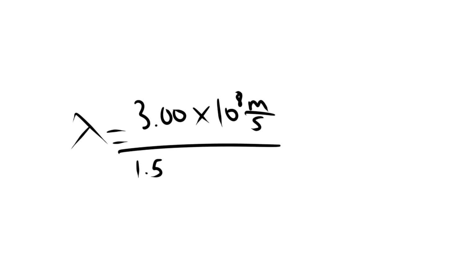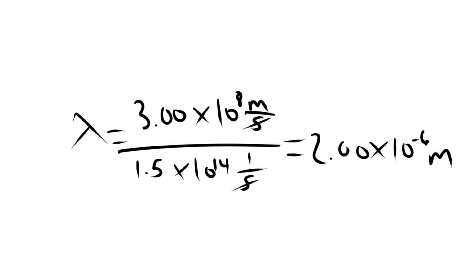Lastly, we plug in our given values and solve. λ equals 3.00 times 10 to the 8th m/s divided by 1.5 times 10 to the 14th power 1/s. The s's cancel out, which equals 2.00 times 10 to the negative 6 power m.